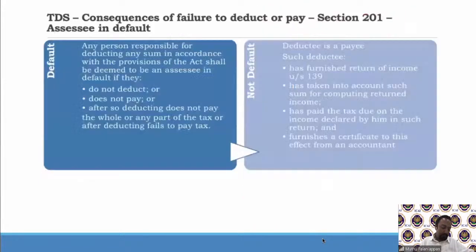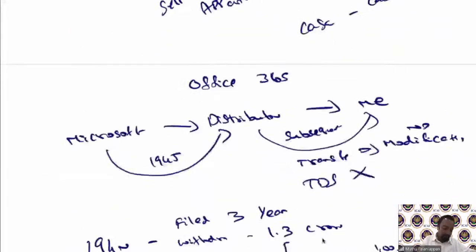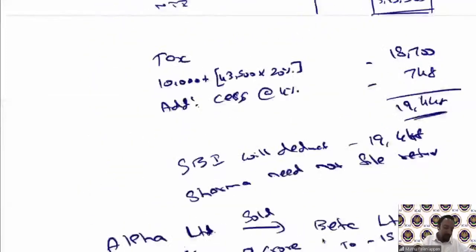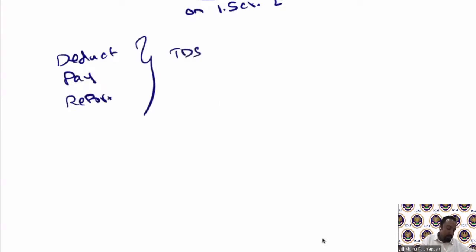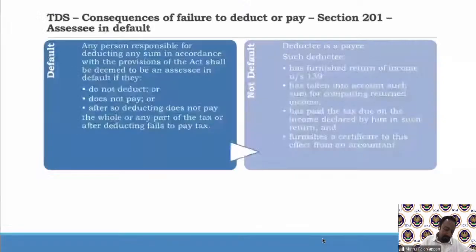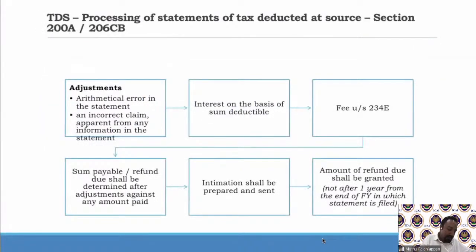Now we'll move on to the consequences. Once a return is filed, we said deduct, pay, report. After all this is done, the IT department analyzes the return for any arithmetical error or any incorrect claim.